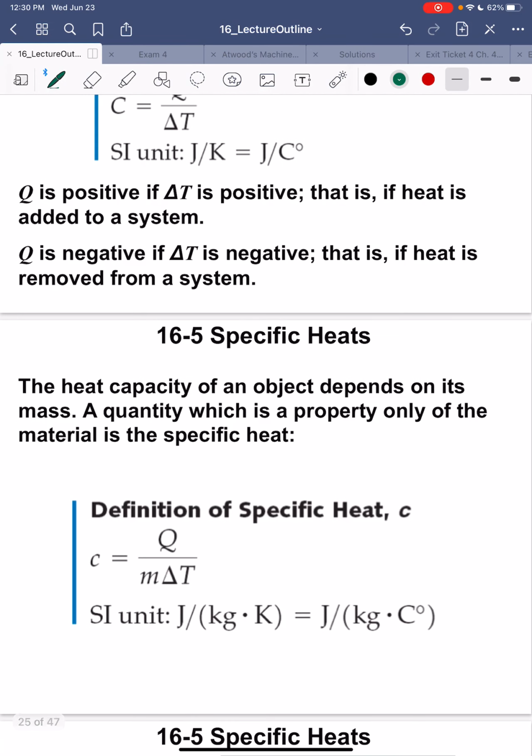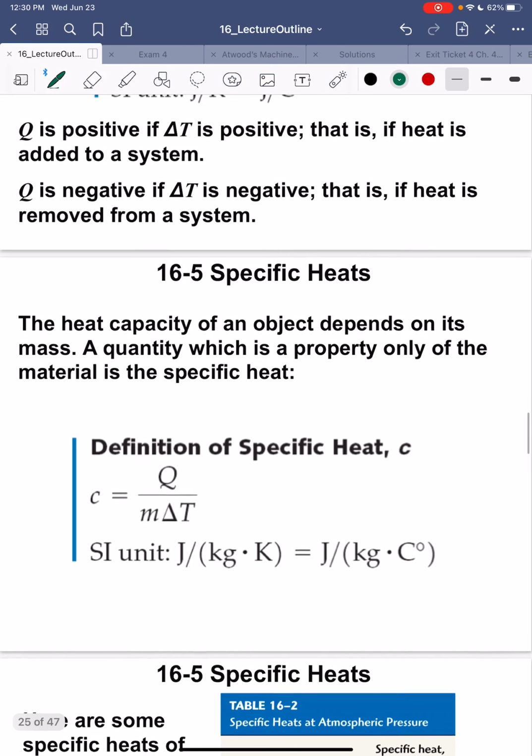Now, I can move to another physical quantity called specific heat capacity. The heat capacity of an object depends on the mass. Of course, it is different if you want to warm 5 kilograms or 10 kilograms.